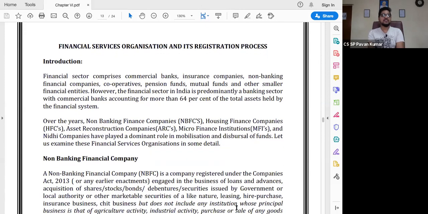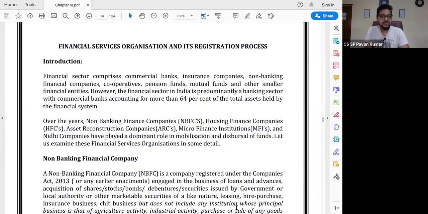So financial service organization and registration. The financial sector service is very important when it comes to the Indian economy. When we talk about the financial sector, we normally refer to banks or big financial institutions, but it does not include only commercial banks.